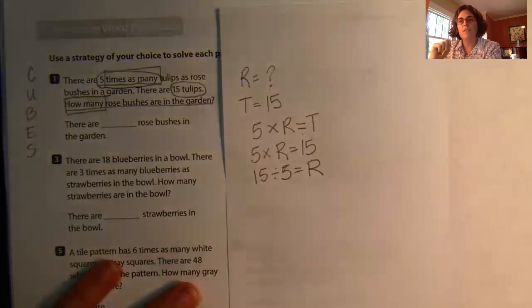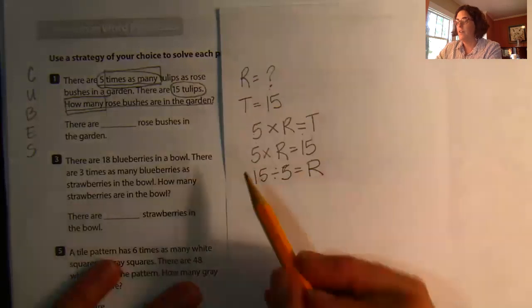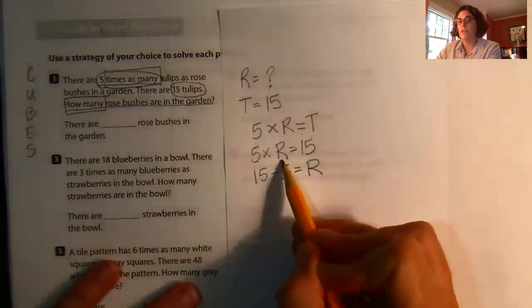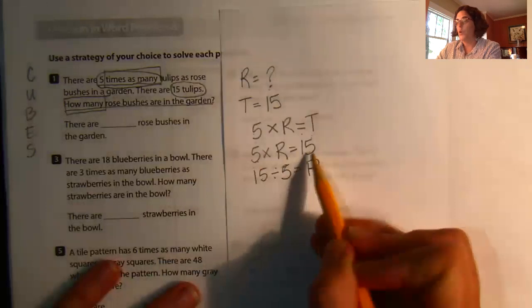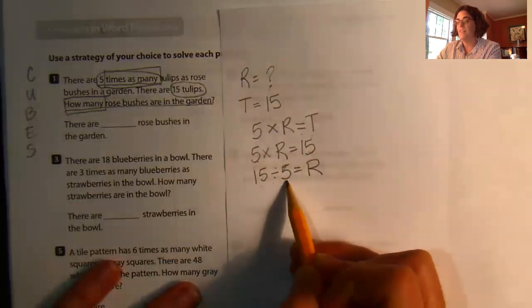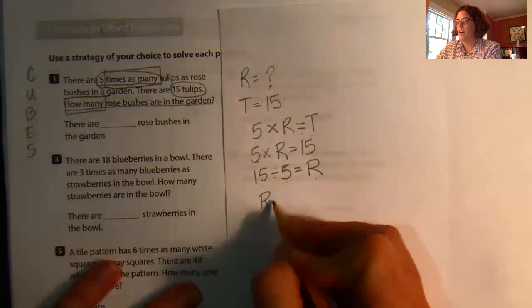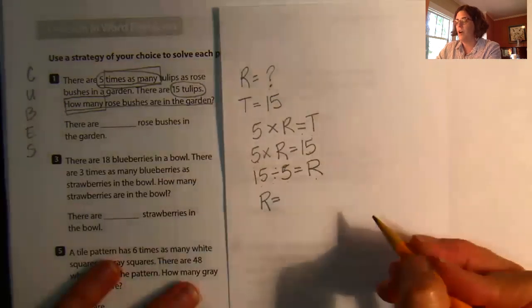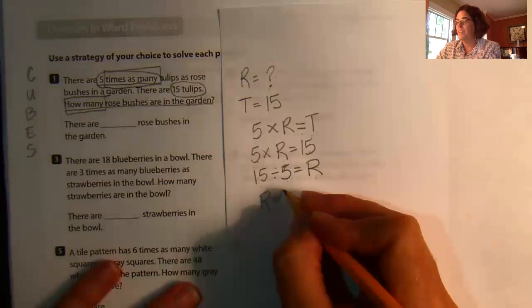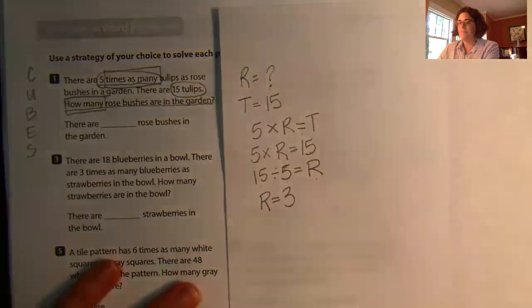Use whichever one makes the most sense to you. Either 5 times what number equals 15, or 15 divided by 5 gives us what number? All right, and no matter where your math thinking is, R will equal, very good, 3.